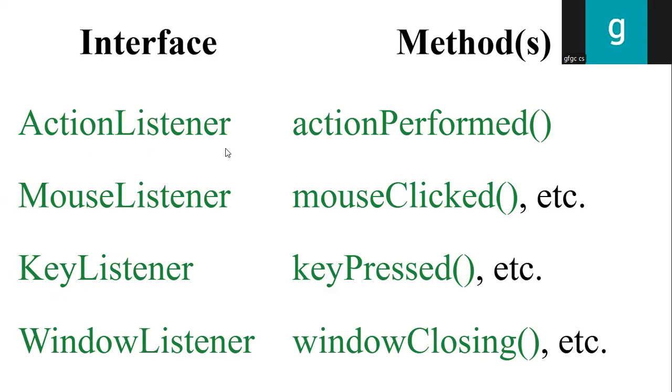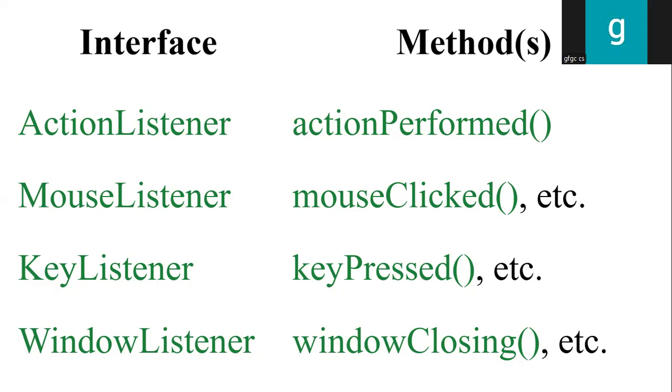What is an interface? An interface consists only of the definition of that particular class. When we implement that interface, we have to implement its definitions as well. For ActionListener, we have the method actionPerformed. For MouseListener, we have mouseClicked, mouseDragged, mouseReleased, like that.